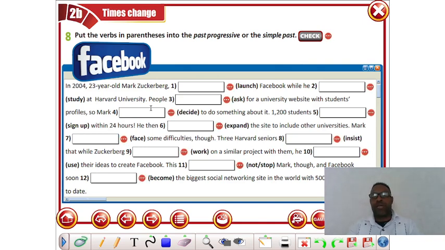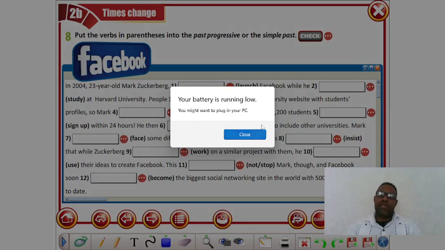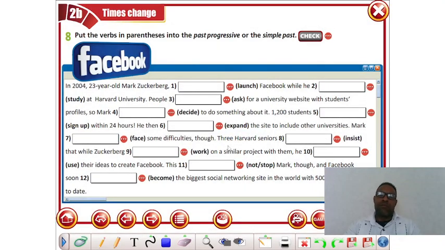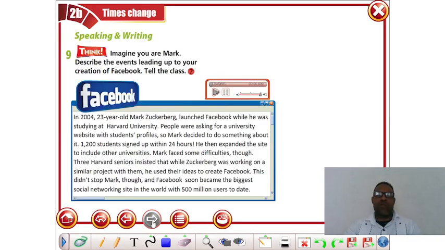So you need to select if it needs to be the past progressive or the simple past. Take your time on this one, because it's not that easy, and a lot of students usually have some issues with this section. All right, but investigate and get the correct one.